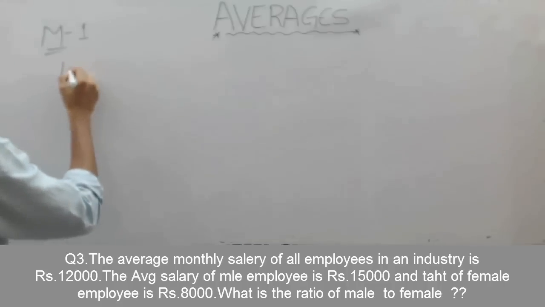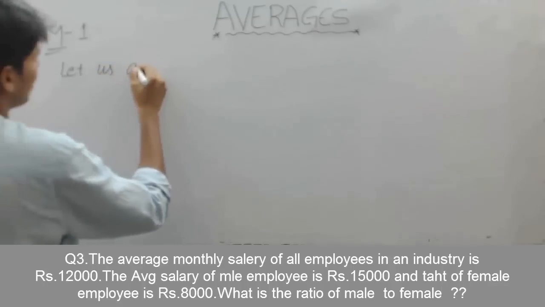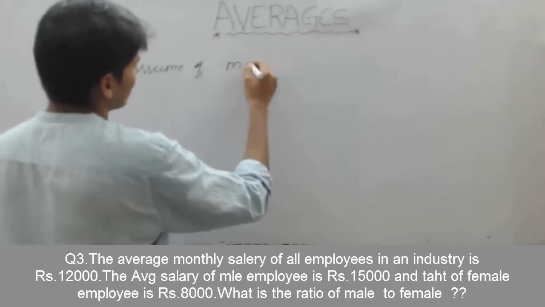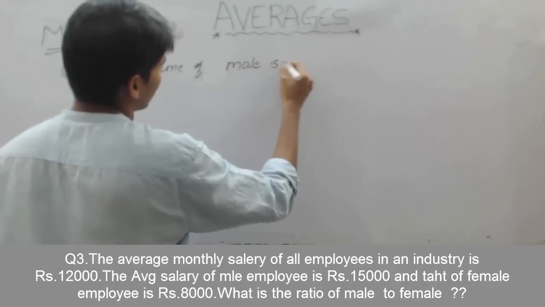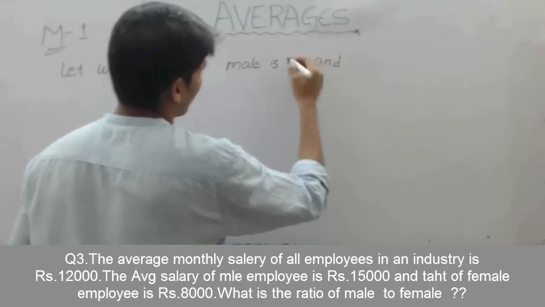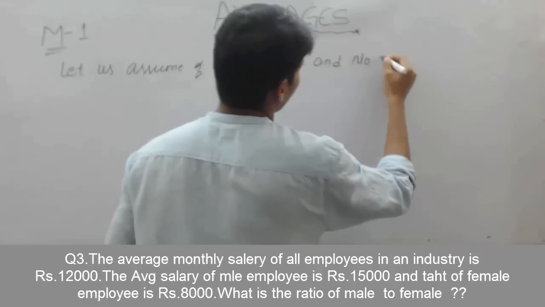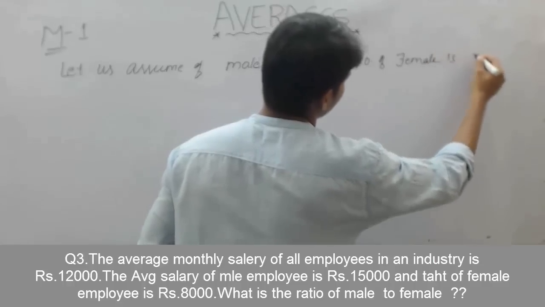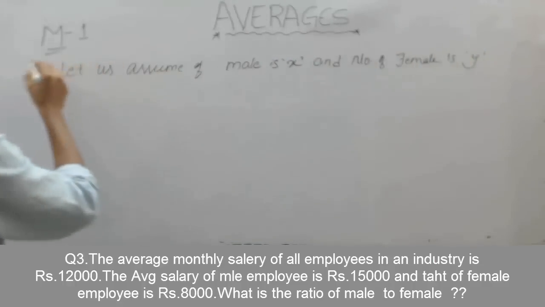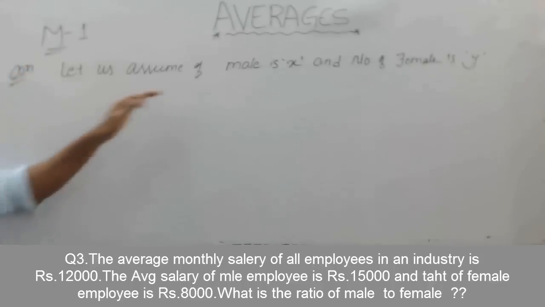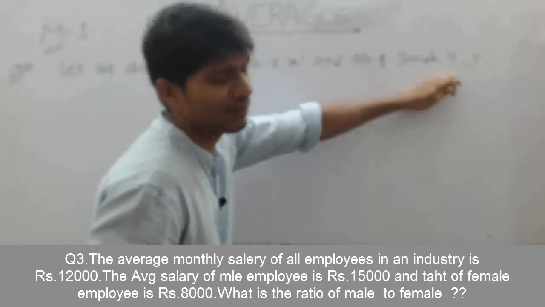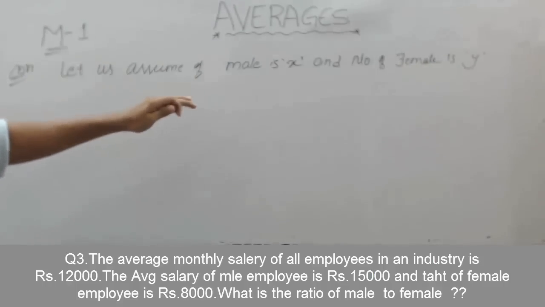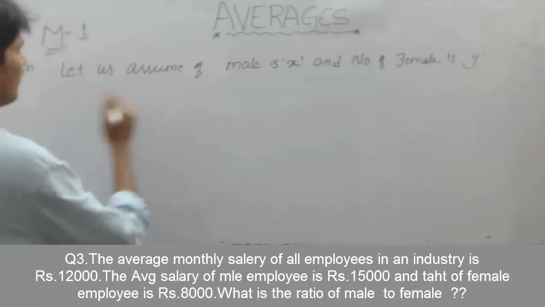So again let us assume that the number of male employees is X and the number of female employees is Y. We are going to solve this using the conventional method. He has given that the average salary of male employees is 15,000.